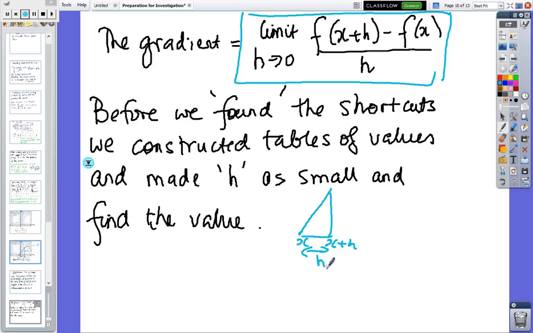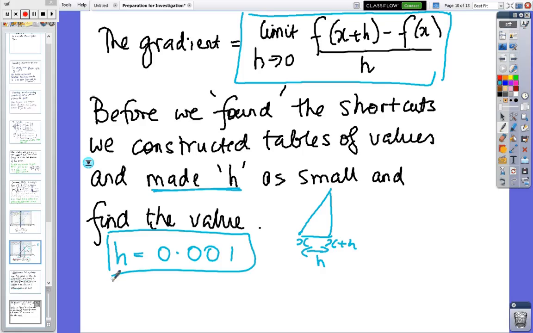Before we found the shortcuts, we used to do a table of values, and we made h really small, and for the point of this exercise, we're going to make h equal to 0.01. That's a really small change, but from x, we're going to go a small difference forward and a small difference backwards.